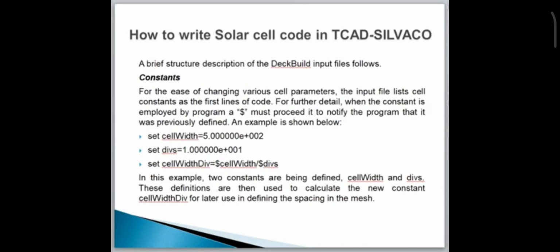First, we have to define the constants. For the ease of changing various cell parameters, the input file lists cell constants as the first lines of the code. In future, when we are using these constants, you have to apply the $ sign to notify the program that it was previously defined.